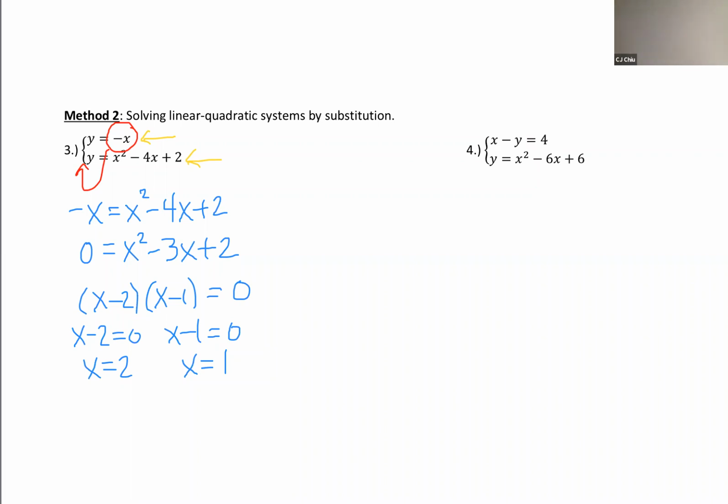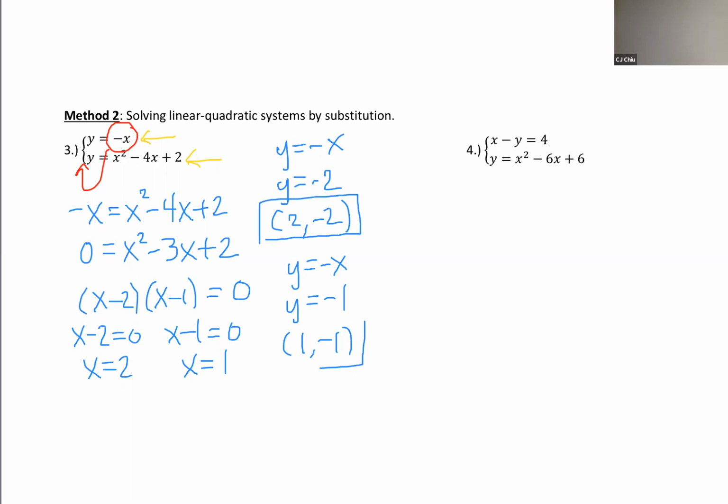So x equals 2, then y equals negative x, so y equals negative 2. So then you get 2 and negative 2. For x equals 1, y still equals negative x, so y equals negative 1. So then you get 1, negative 1.